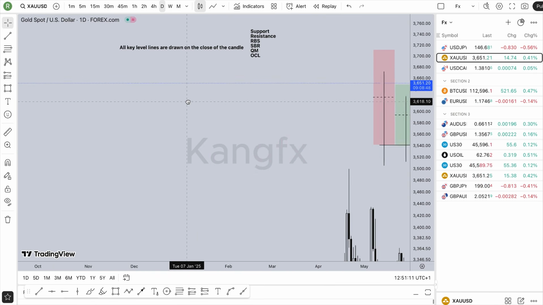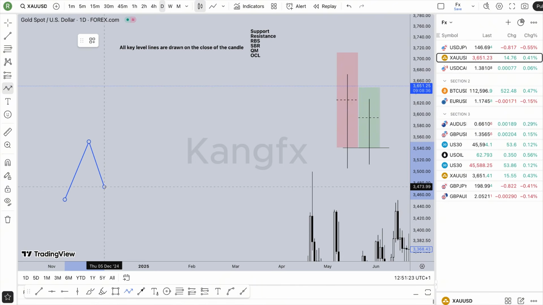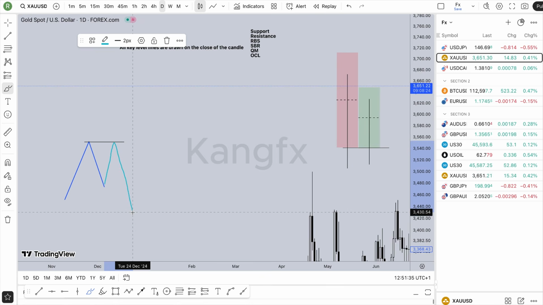Now the next thing we need to cover is RBS and SBR. Now this is my resistance. What's the job of the resistance? The job of a resistance is to resist the price from going more higher. The job of a resistance is to resist the price here and bring it down.